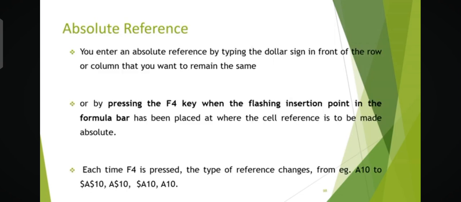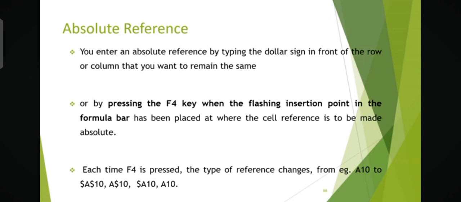Now, when you enter an absolute cell reference by typing the dollar sign in front of the row or the column, you mean you want it to remain the same. You don't want it to change. Or you can press the F4 key when the flashing insert point in the formula bar has been placed where the cell reference is to be made.